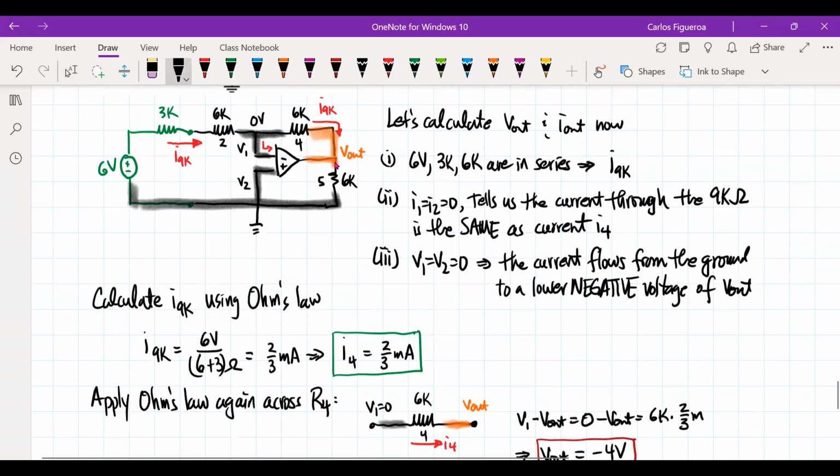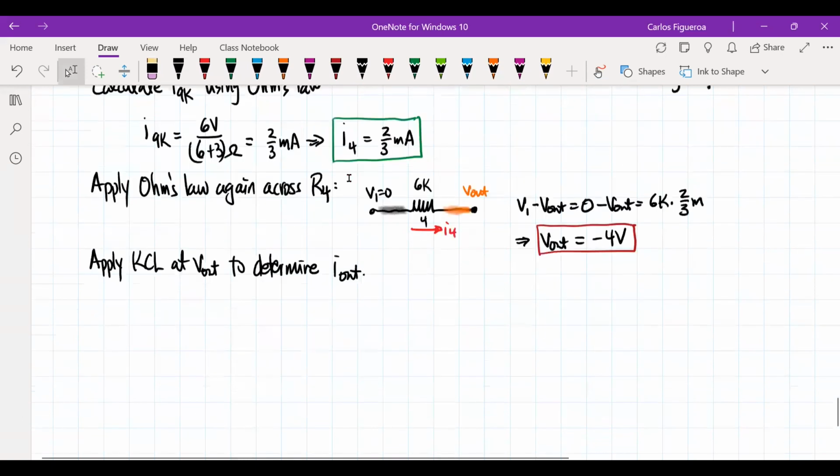So we know that the Vout is negative. That means the current has to be going in that direction for I5. And the way we define this is that the current is flowing in.